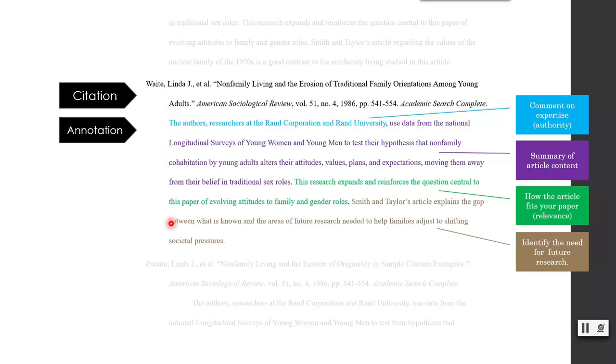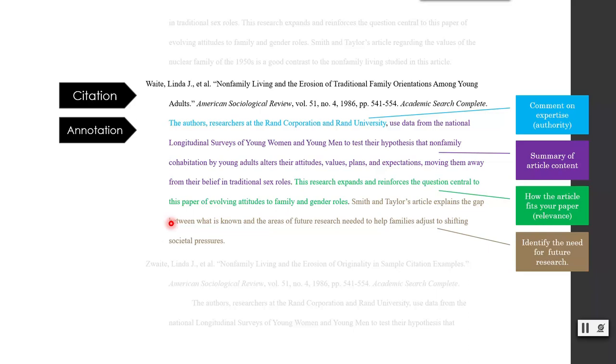The annotation is one paragraph. It's 4 to 8 sentences long. Your professor may have specific instructions about how long it should be and exactly what the purposes of each of those sentences should be.